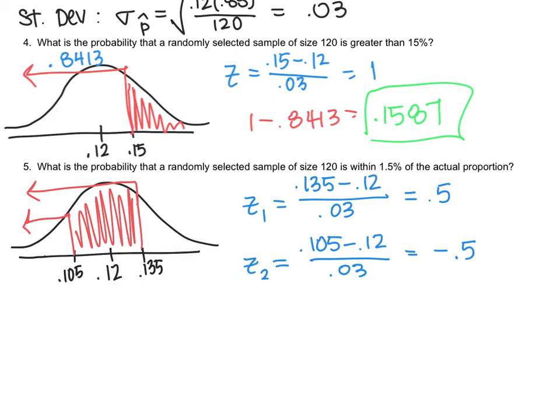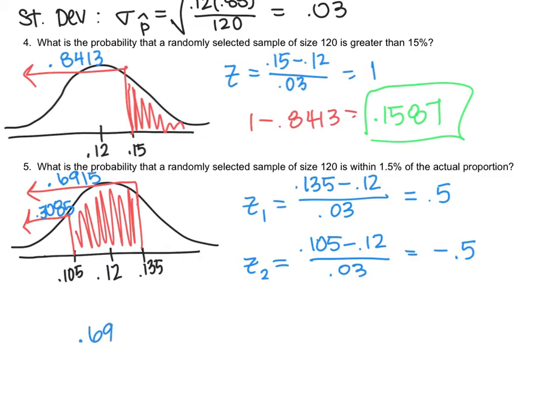So if we calculate both of the areas below these values, so we put our upper bound as 0.5, we get 0.6915, and then we do it again with our negative 0.5. We get 0.3085, and because we want the area between, we're now going to subtract these.